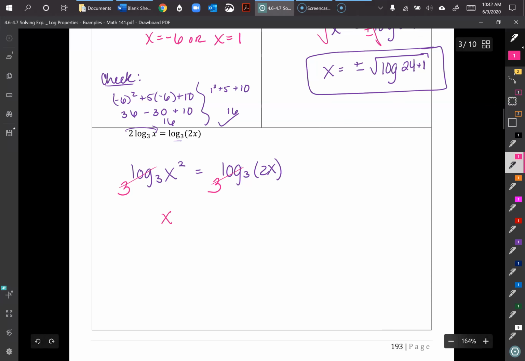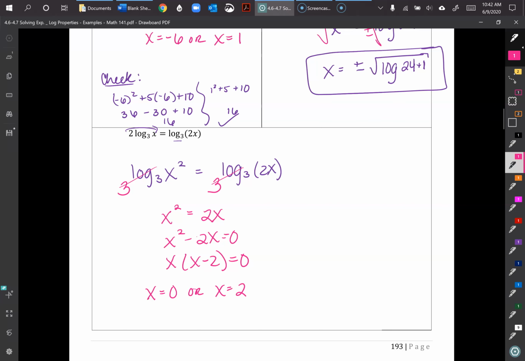So then I have x squared equals 2x, and I can go ahead and factor this. x squared minus 2x set equal to 0. x times x minus 2 equals 0. You could probably pause and finish this out, but I have x equals 0 or x equals 2.